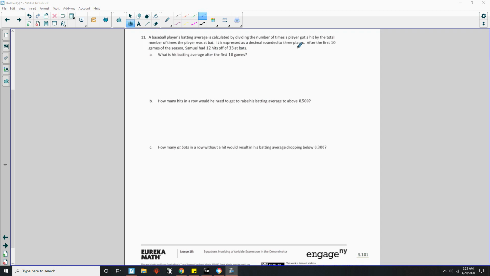Well, it is dividing the number of times the player got a hit, 12 hits, by the total number of times the player was at bat. He was at bat 33 times. We could do this with a calculator or long division.